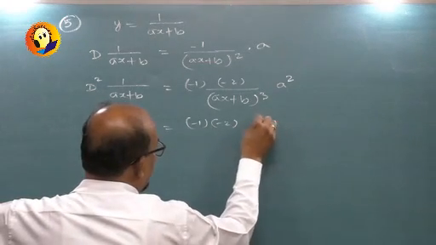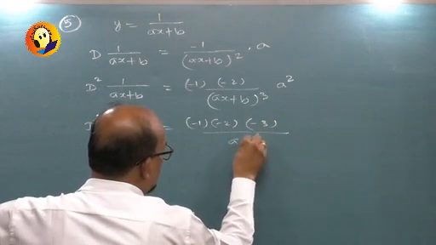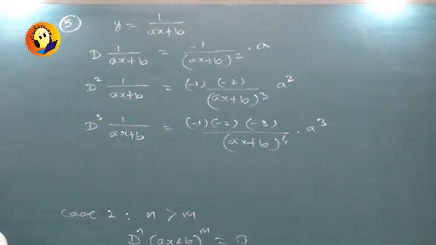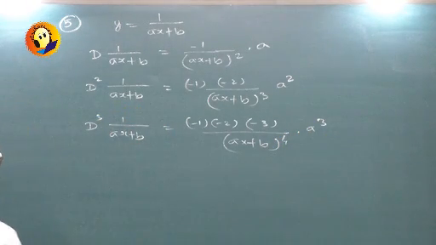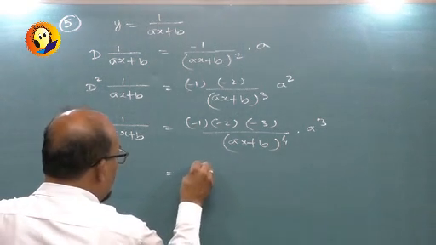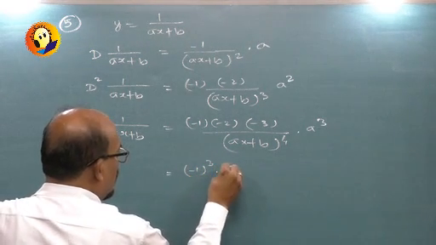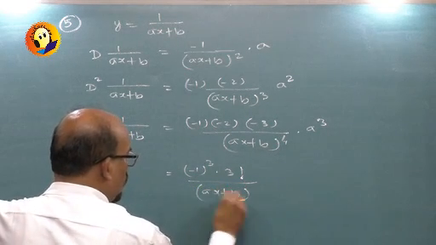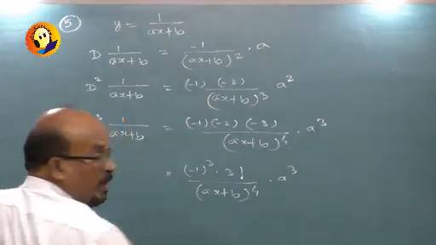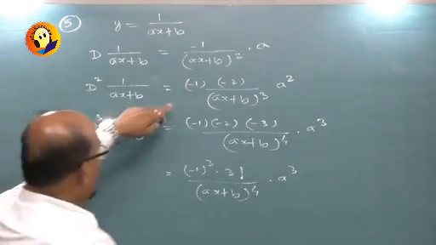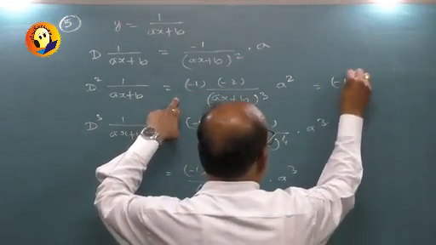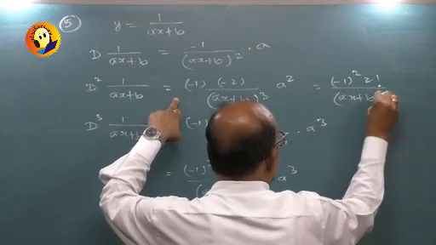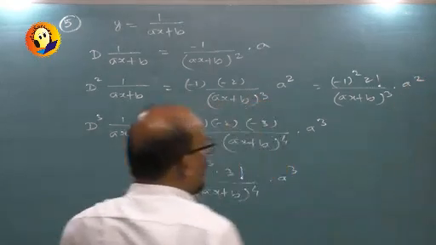It is minus 3 upon (ax plus b) raised to 4 into a cube, which I can say is nothing but (minus 1) cubed, 3 factorial upon (ax plus b) raised to 4 into a cube. So can it work here? Yes, it is (minus 1) squared, 2 factorial upon (ax plus b) raised to 3 into a square.